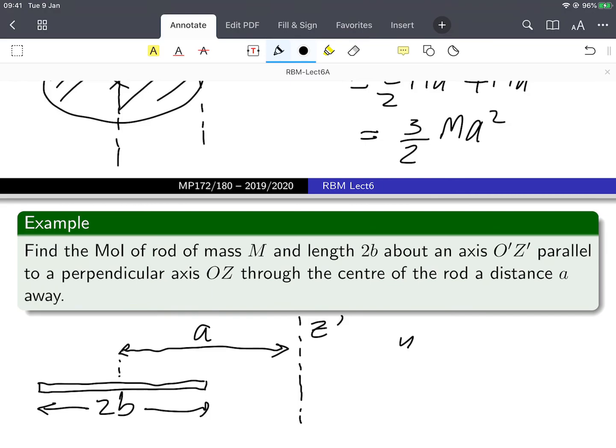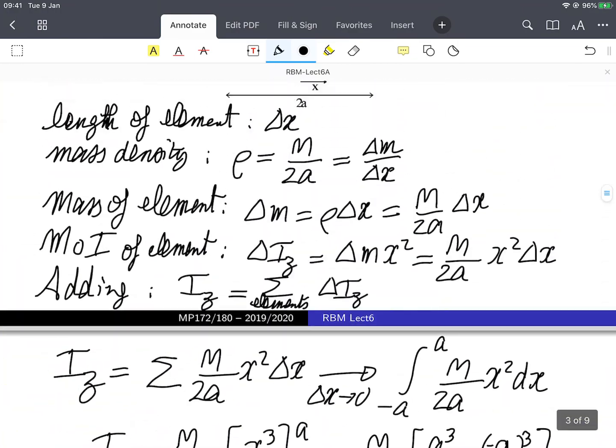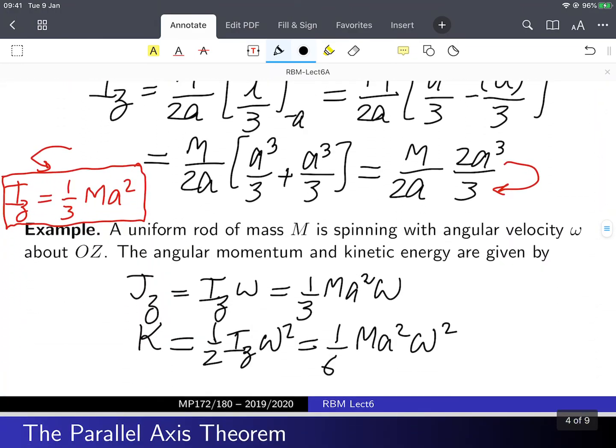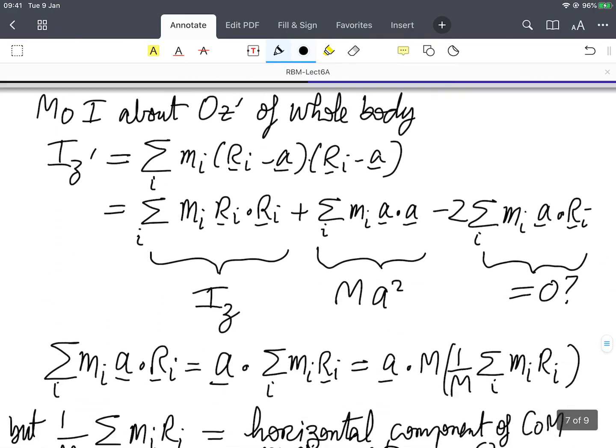Well, I know the moment of inertia with respect to this axis here, Iz, is, let's go back to what we did earlier. Here it was 1/3 of M A squared, where A is half the length of the rod.